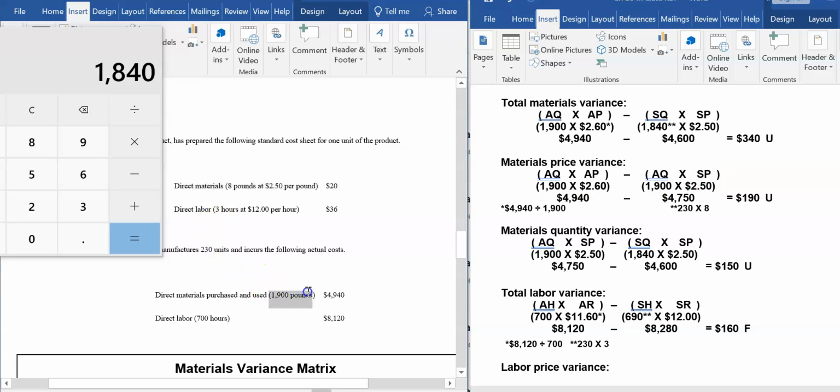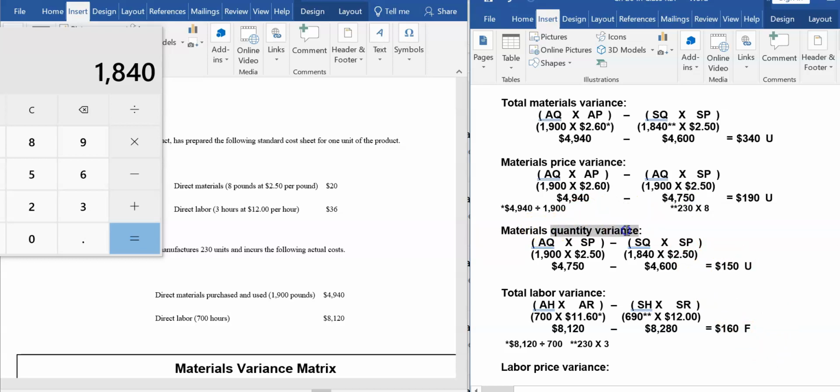Actual quantity used, 1,900 pounds, at a standard price of $2.50 per pound. Taking the difference between those two, I come up with 190. It is unfavorable. Why is it unfavorable? Because our actual material cost exceeded what the flexible budget says they should have.